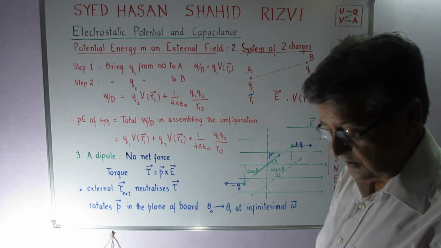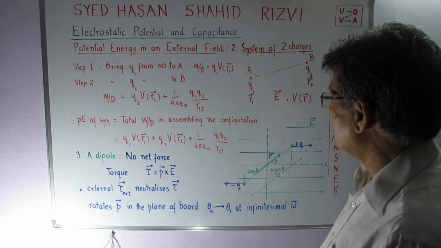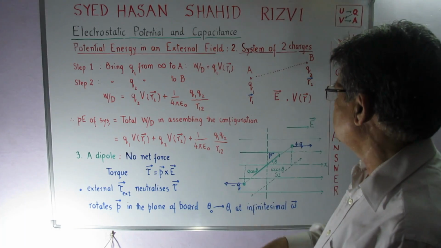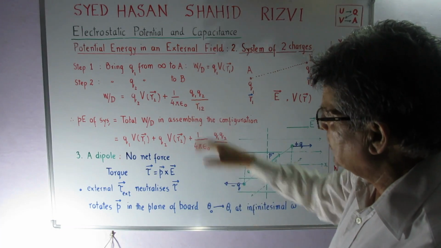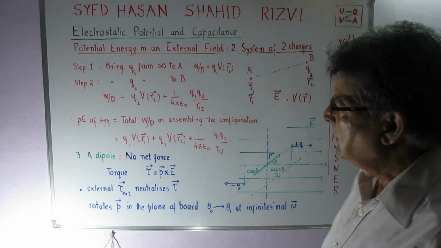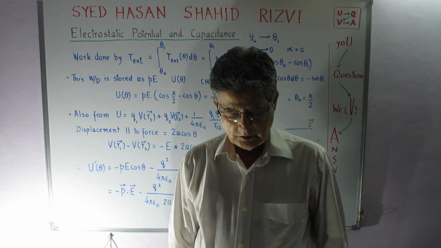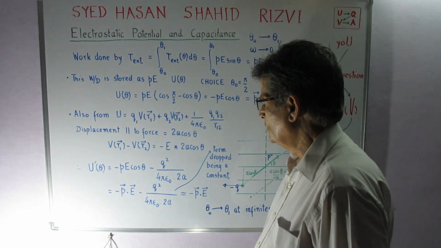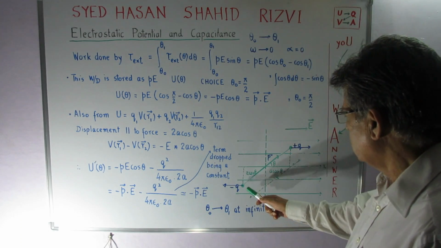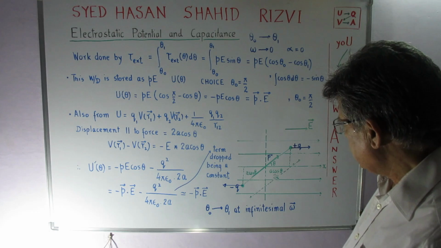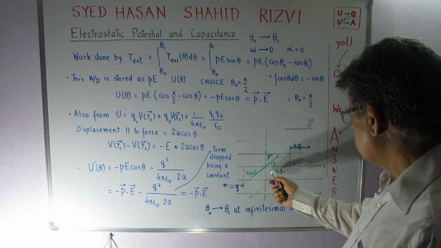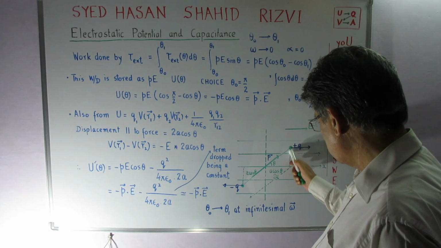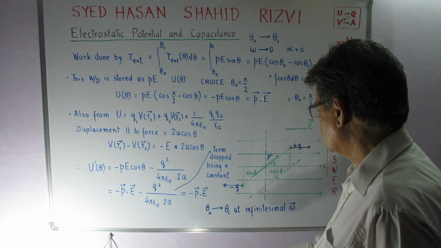Now I am going to complete the calculations over here in this space. I'll rub it off and do it for you. So, carrying out the mathematical analysis for the case of the dipole in this field, I told you that this is a cos theta, this is a cos theta. But from here to here, it's a sine theta and a sine theta.